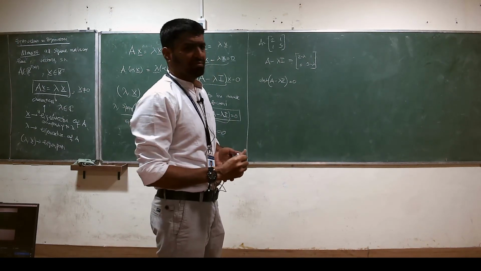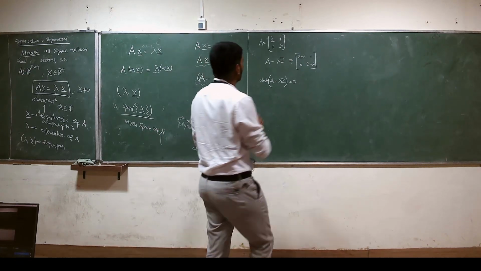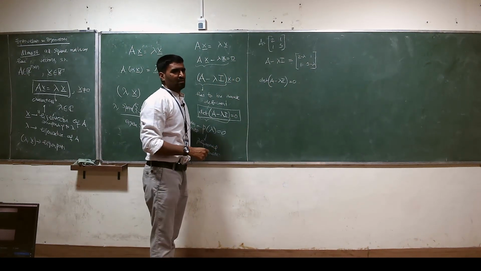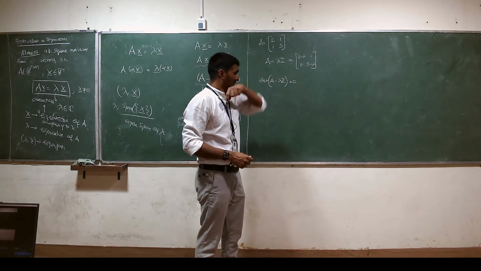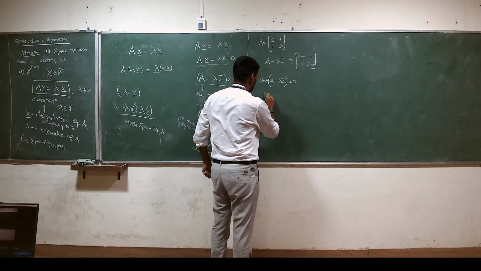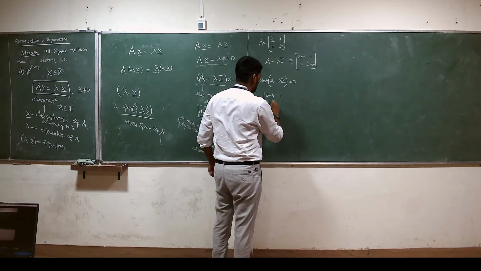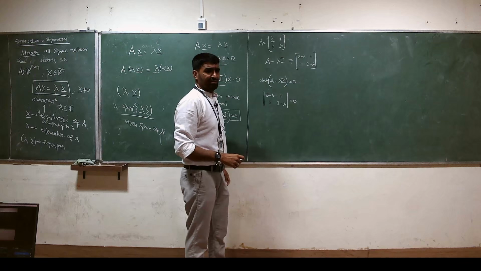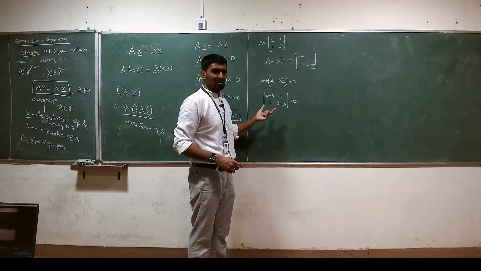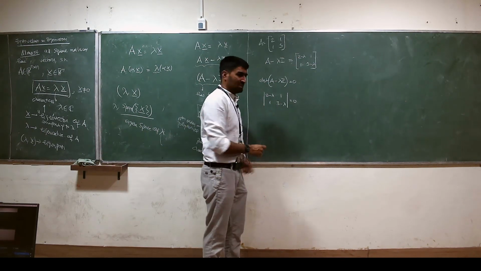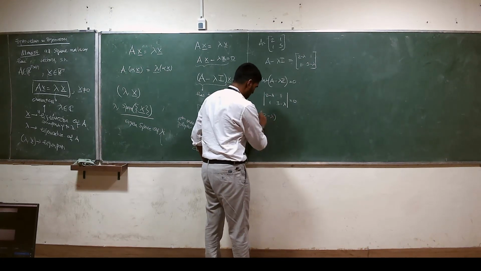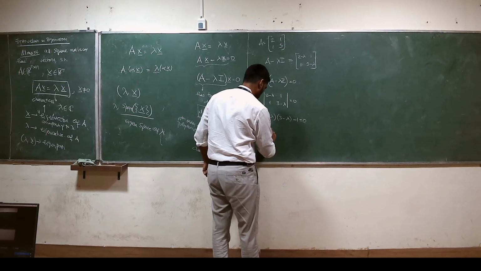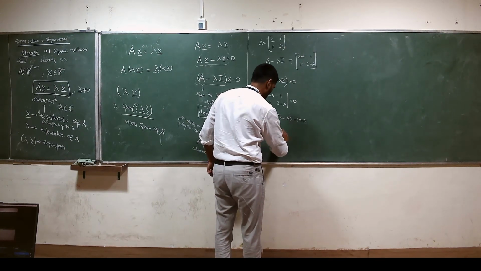Yes, I'm wrong, it's 1. What is the determinant of this? This is the symbol for the determinant, equals 0. How do we compute it? You cross multiply these two minus these two, so that will be 6 minus 5 lambda.